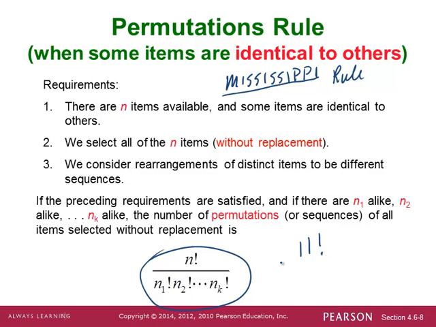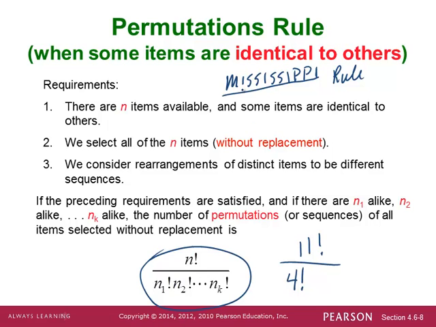And then in the denominator, you're dividing by the number for each item that is the same. So for example, we have 4 S's, so we'll divide by 4 factorial, because it doesn't really matter if you were to rearrange any or all 4 of them.